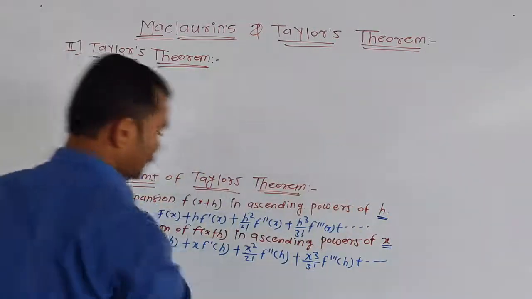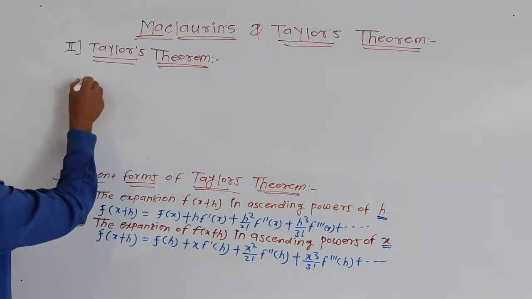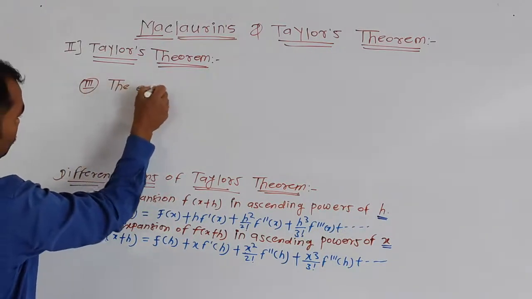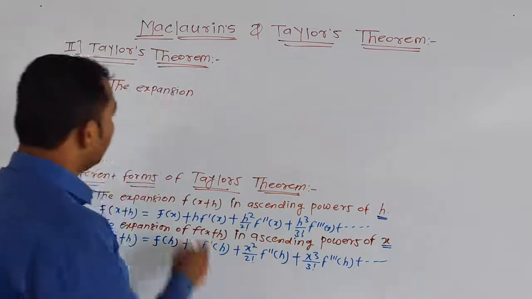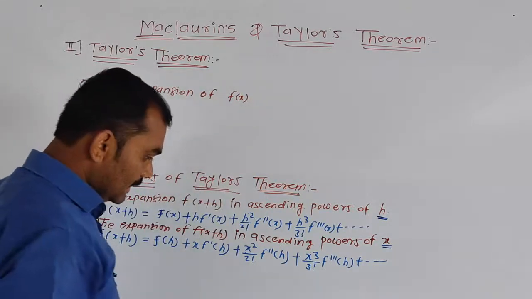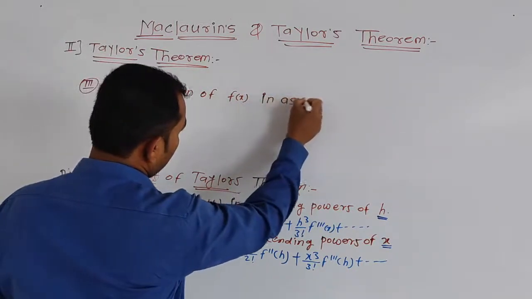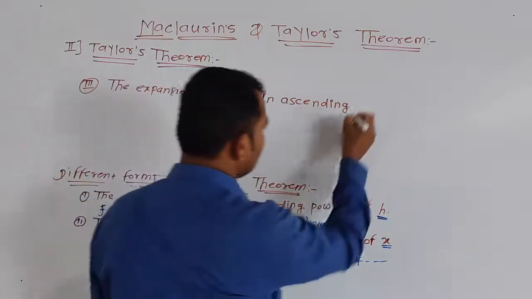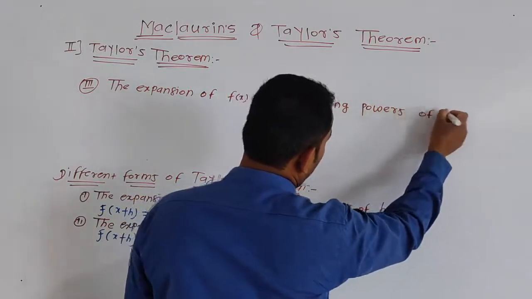The form number third, the expansion of f of x in ascending powers of x minus a.